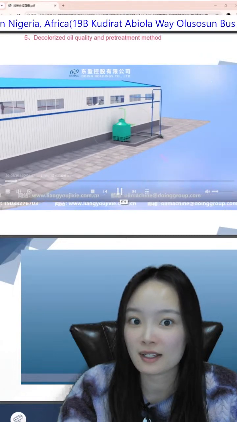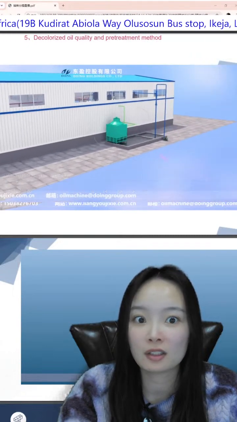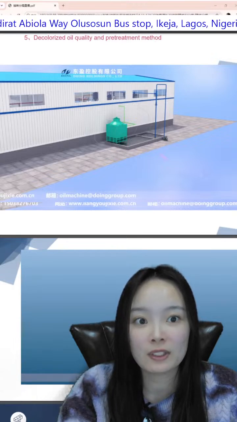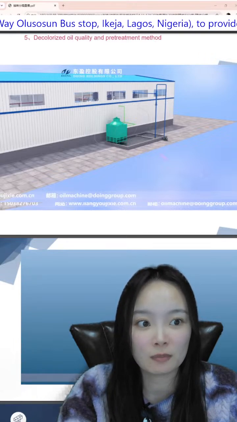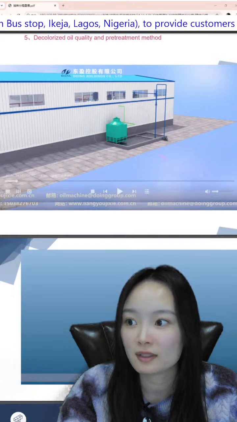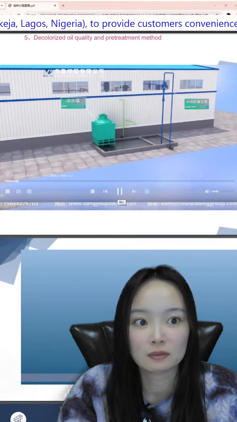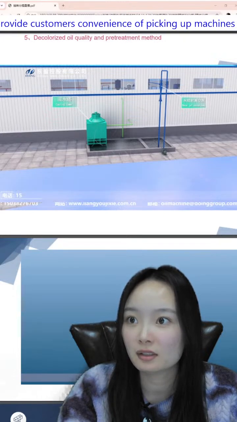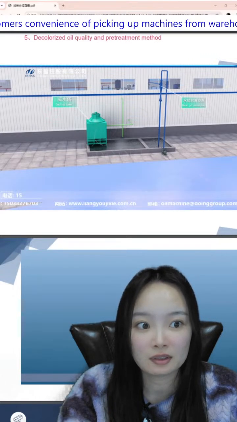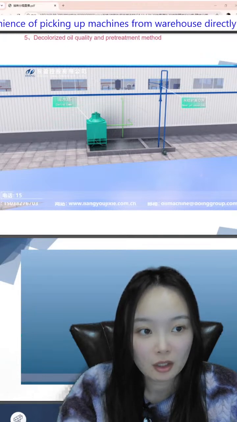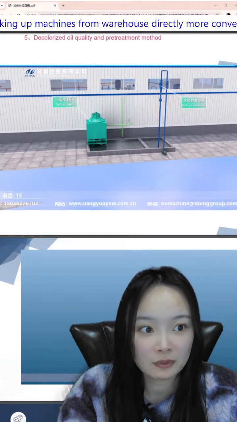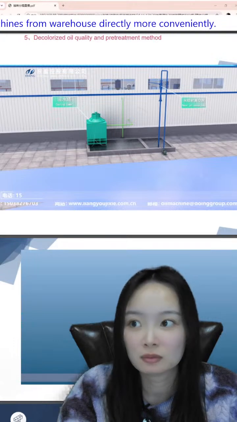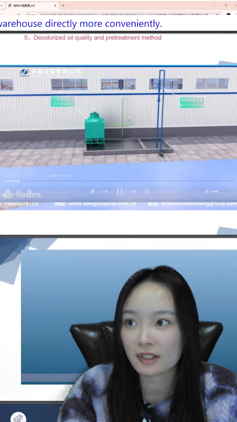You can see that at the first, we place a cooling water tower outside the workshop. The water jet, cooling water tower and the water jet vacuum pump are in the outside.